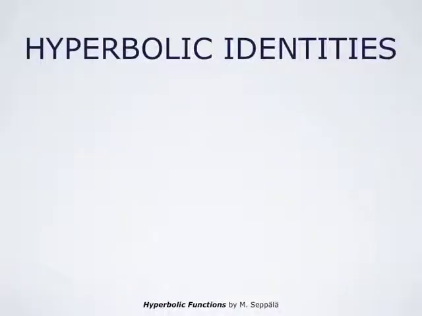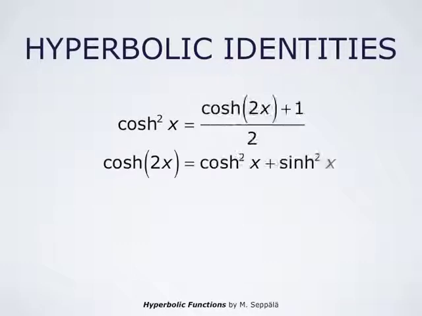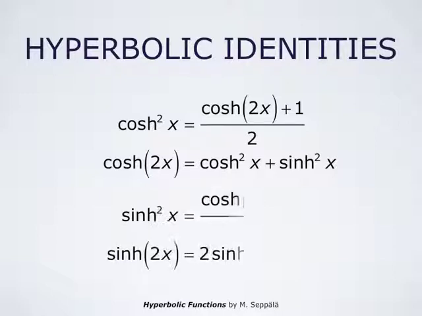Here are some more hyperbolic identities. Hyperbolic cosine squared of x is hyperbolic cosine 2x plus 1 divided by 2. Hyperbolic cosine 2x is hyperbolic cosine squared of x plus hyperbolic sine squared of x. And hyperbolic sine squared of x is hyperbolic cosine 2x minus 1 divided by 2. Hyperbolic sine 2 times x is 2 times hyperbolic sine of x times hyperbolic cosine of x.